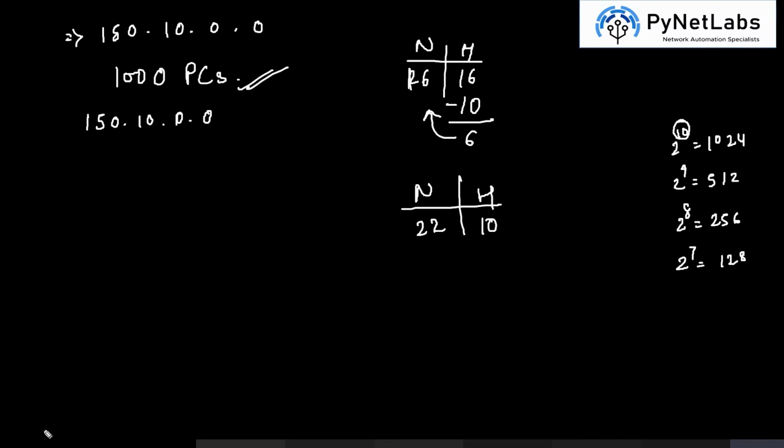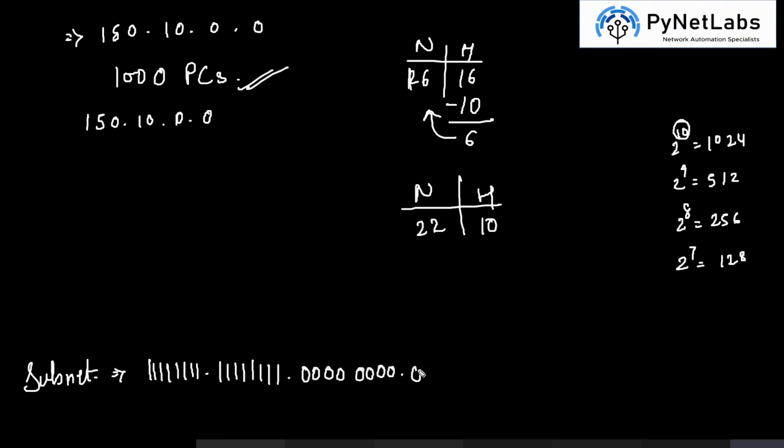If we look at the default subnet mask, it is 255.255.0.0, which is eight 1s, then again eight 1s, which are the network parts, then 8 zeros, then again 8 zeros.